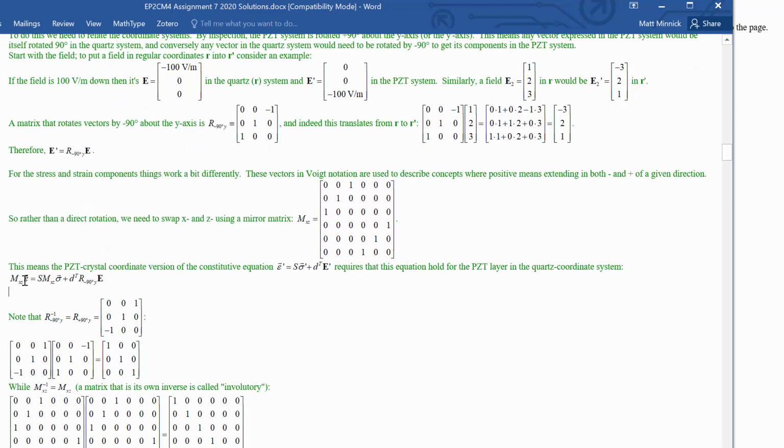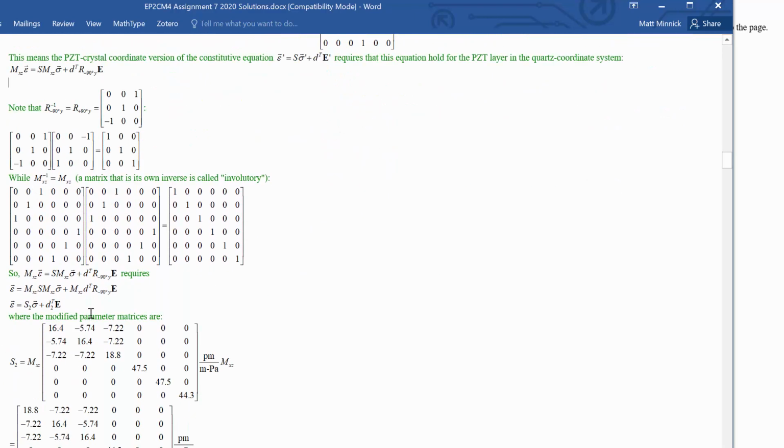Then to solve for the global coordinate system strain, you just end up left multiplying by the inverse of this mirror matrix, and you find that this is the relation between the variables. So the rotated compliance matrix is mirror, original compliance, mirror, while the rotated or transformed D transpose is mirror D transpose and then the translation matrix.